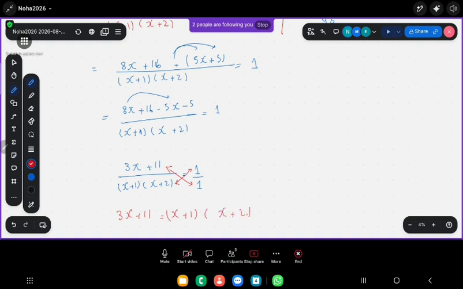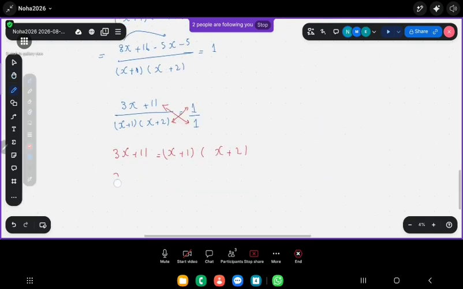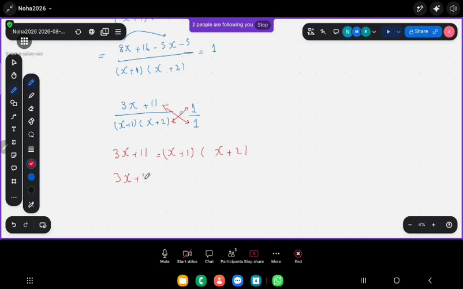Yeah, now you did what you wanted: get rid of the fraction. You don't have fractions here, right? So what do you have to do? Who can tell me? Okay, continue.